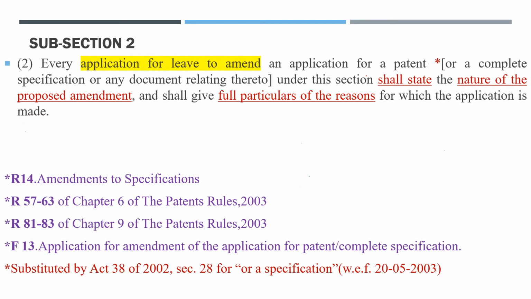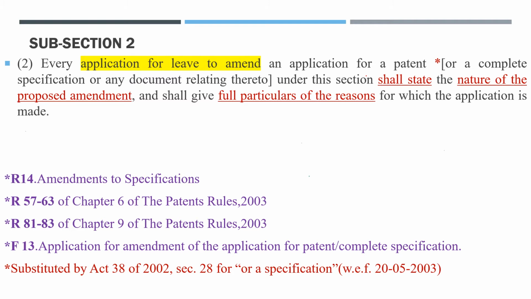Subsection 2 says every application for leave to amend an application for a patent or a complete specification or any document relating thereto under this section shall state the nature of the proposed amendment and shall give full particulars of the reasons for which the application is made. Here the key phrase is application for leave to amend.